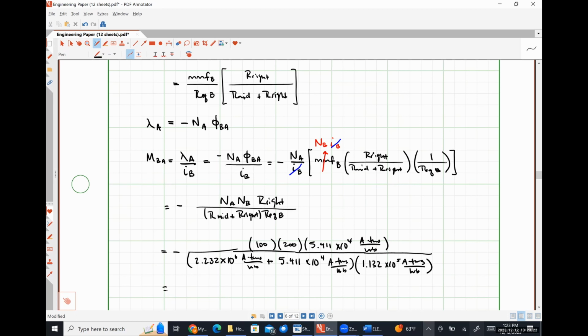That quantity multiplied by 1.132 times 10 to the 5. We get 4.182 times 10 to the minus 3 henries. So not wildly far off from what I had gotten originally. I think it's a likely rounding error. So this seems to have worked out pretty okay.